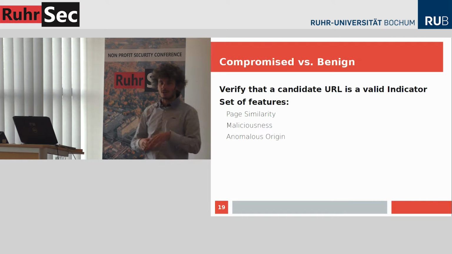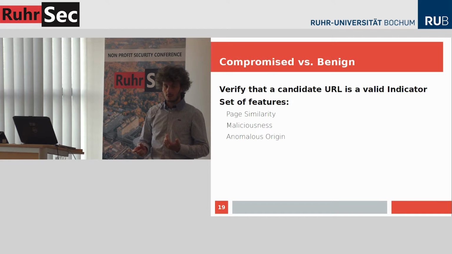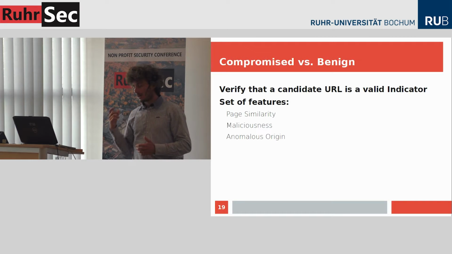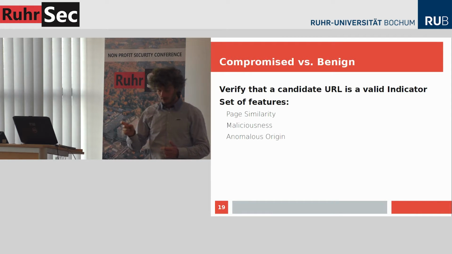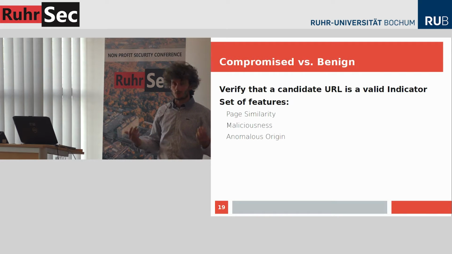So the code itself is exactly the same as the original code, but instead of using the official URL, they use that one. This is used because if they want to make changes to the code, they can easily do the change on their side, on their domain, and automatically all the pages that they have compromised will load these changes. So what we do, we look at whether the domain of the URL loaded in the JavaScript is different from the original one, and whether multiple domains are used for hosting the same piece of code.